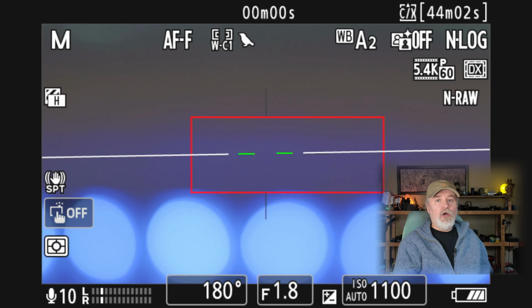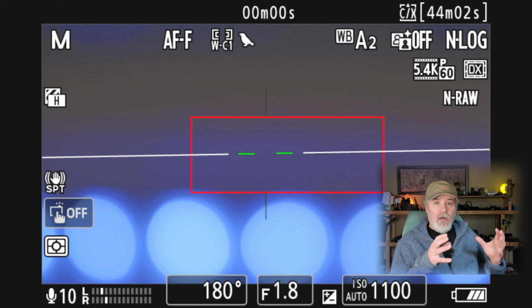If you are shooting video with the Nikon Z8, I encourage you to definitely shoot in manual mode. A lot of features are not available if you're not in manual mode. So manual mode with auto ISO and now with shutter angle, you are really getting into an almost automatic setting mode for shooting video.